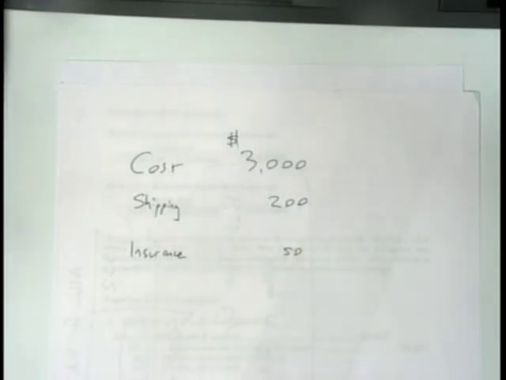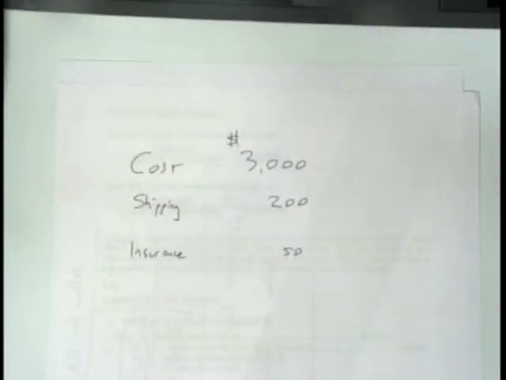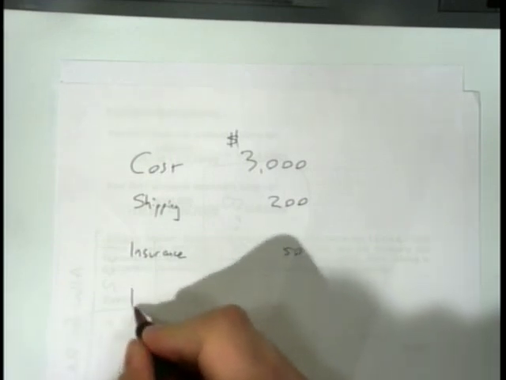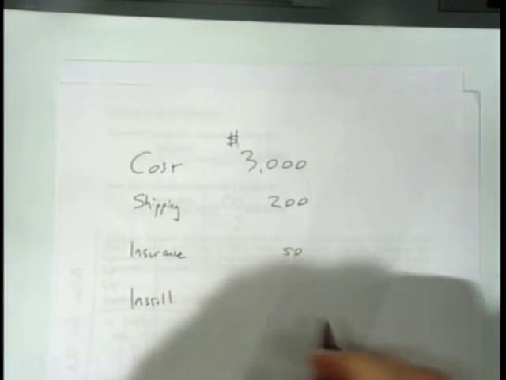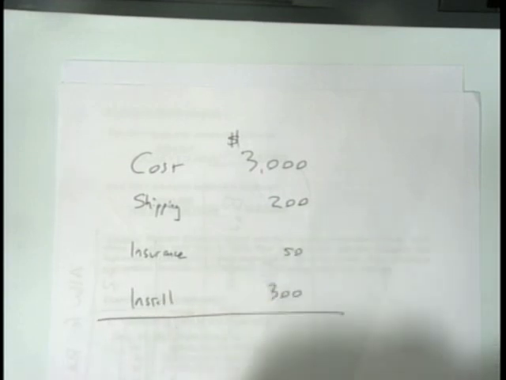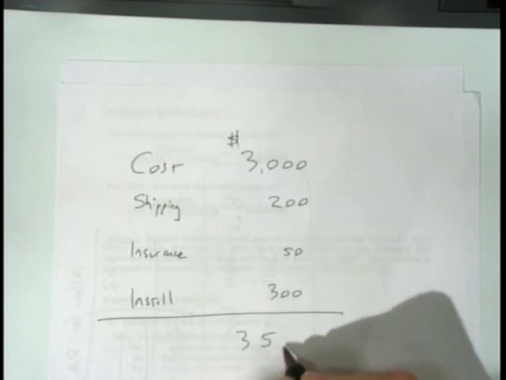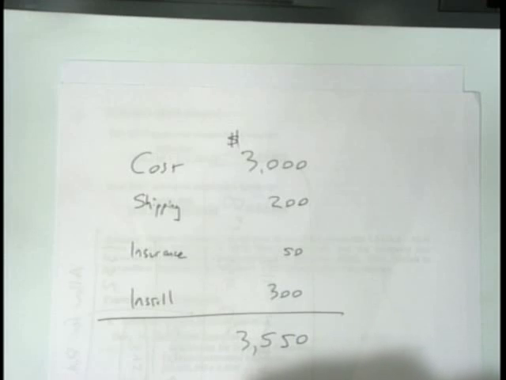Now, when they receive that dishwasher, they have to pay somebody to unpack it, put it together, install it, and test it. So the installation and testing, let's say that's $300. Well, when they record that dishwasher on the books, they're going to record it at $3,550.